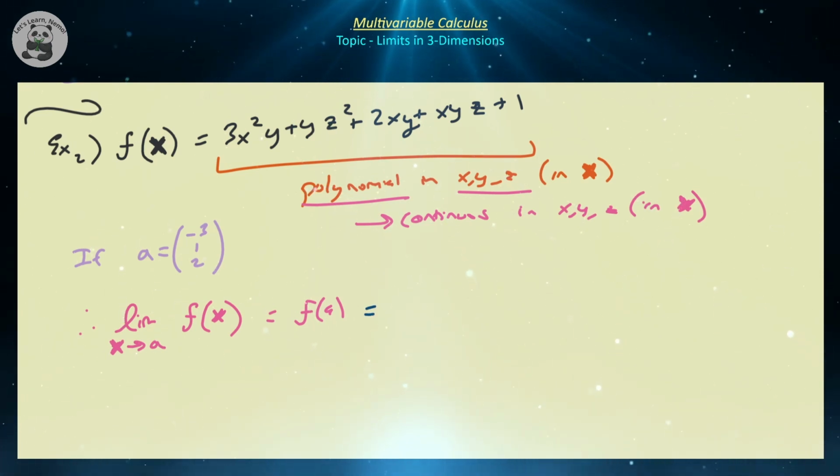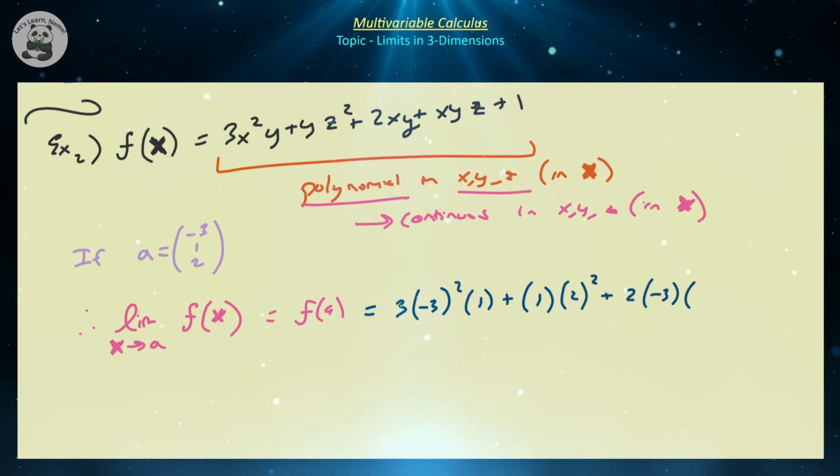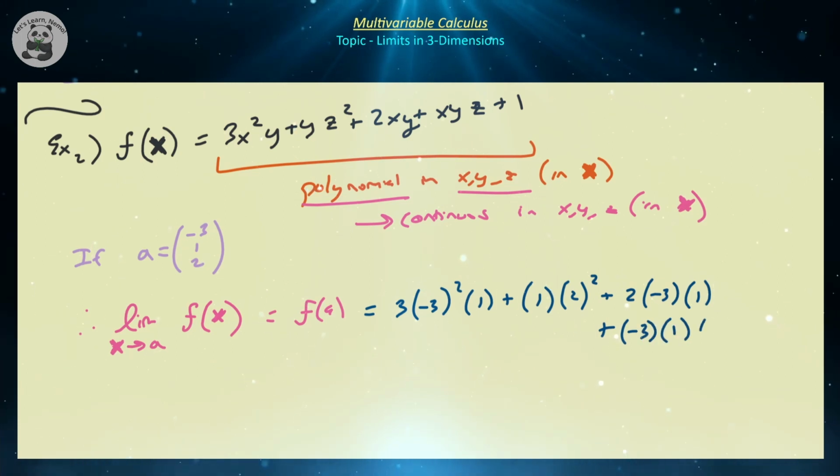So we can just plug in our values into our function, and that's going to give us our limit. So this is going to be equal to 3 times (-3) squared times 1, plus 1 times 2 squared, plus 2 times (-3) times 1, plus x times y times z, plus 1. And what is that going to be equal to? It's going to be equal to 9 times 3, that's 27, plus 4 minus 6 minus 6.